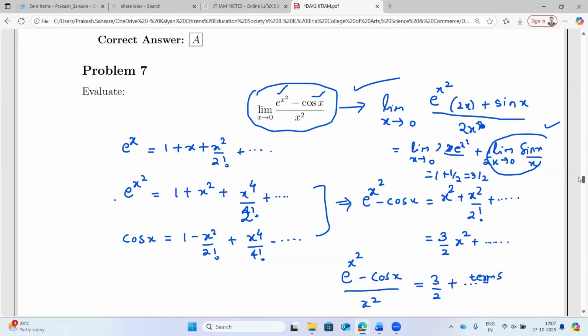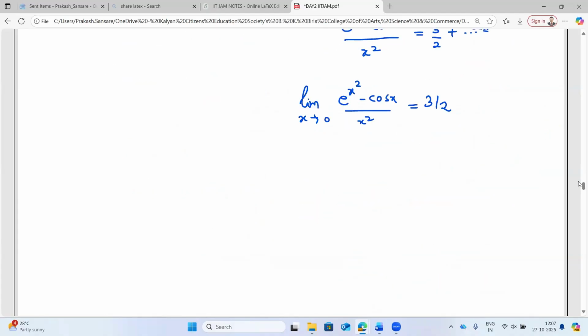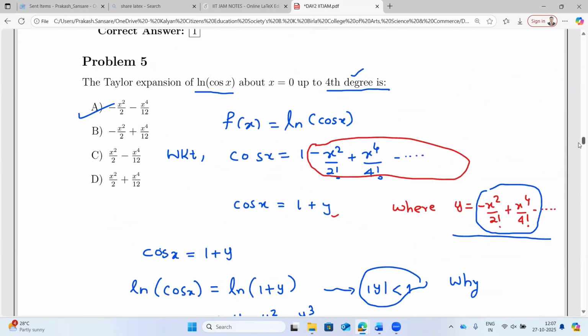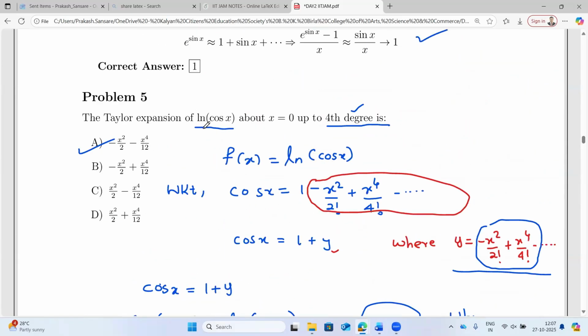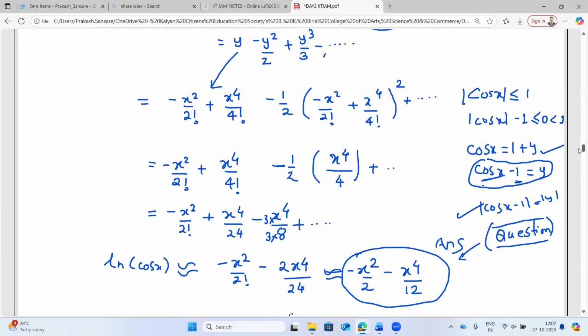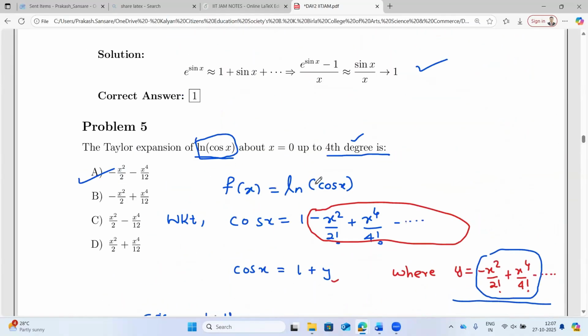Anything else? But it is observed that many times Taylor series expansion helps, for example, I just opened this problem, this expansion. If you have a problem where limit of ln cos x comes, you can definitely use this trick.